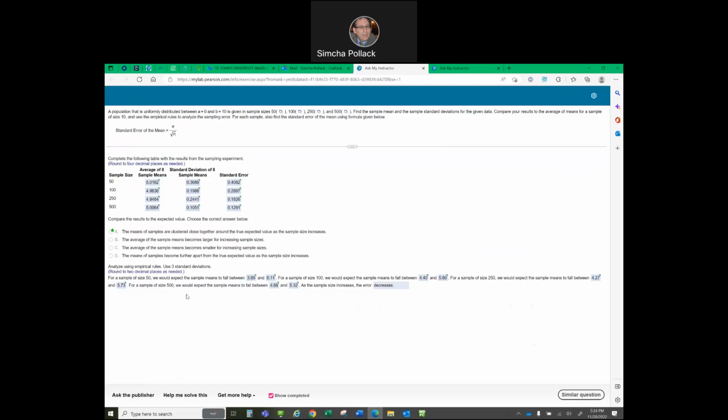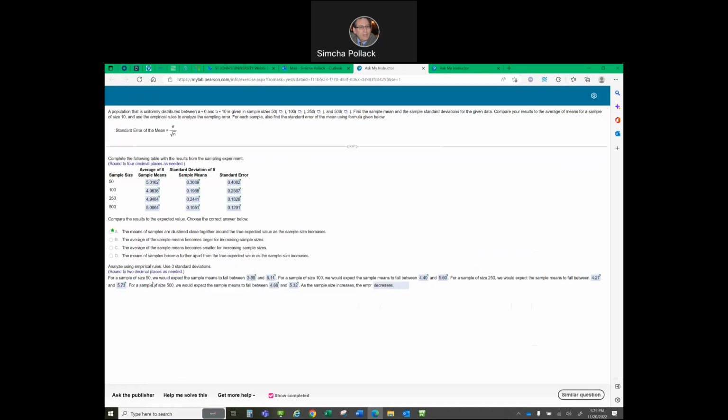Now comes the last part of this, which is asking you to use the empirical rule. The empirical rule says if you take the average of any set of data and add the standard deviation of that data 3 times, you'll get an upper limit that's going to contain 95% of the data.